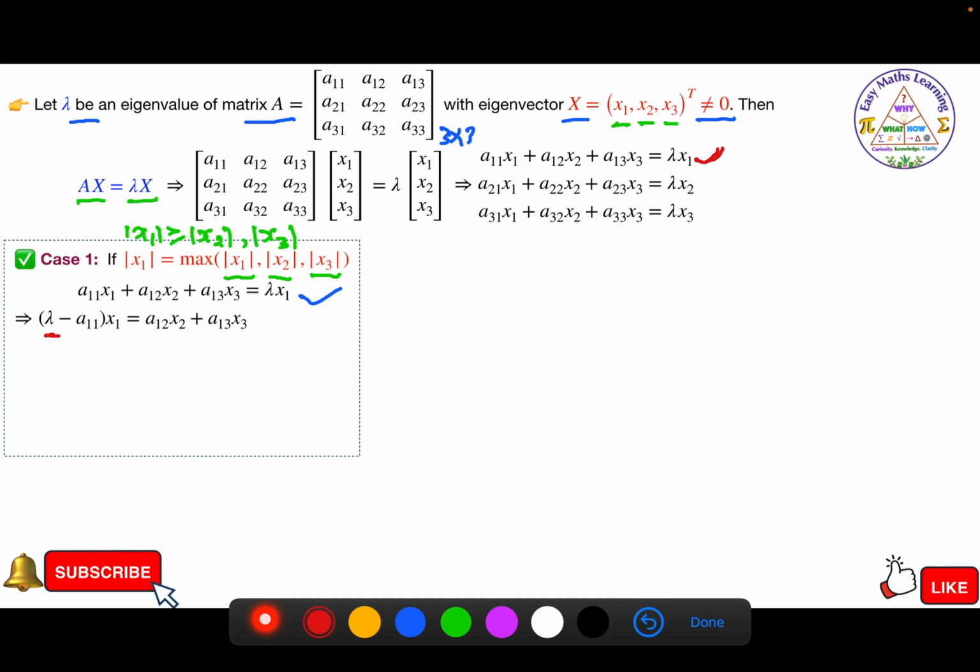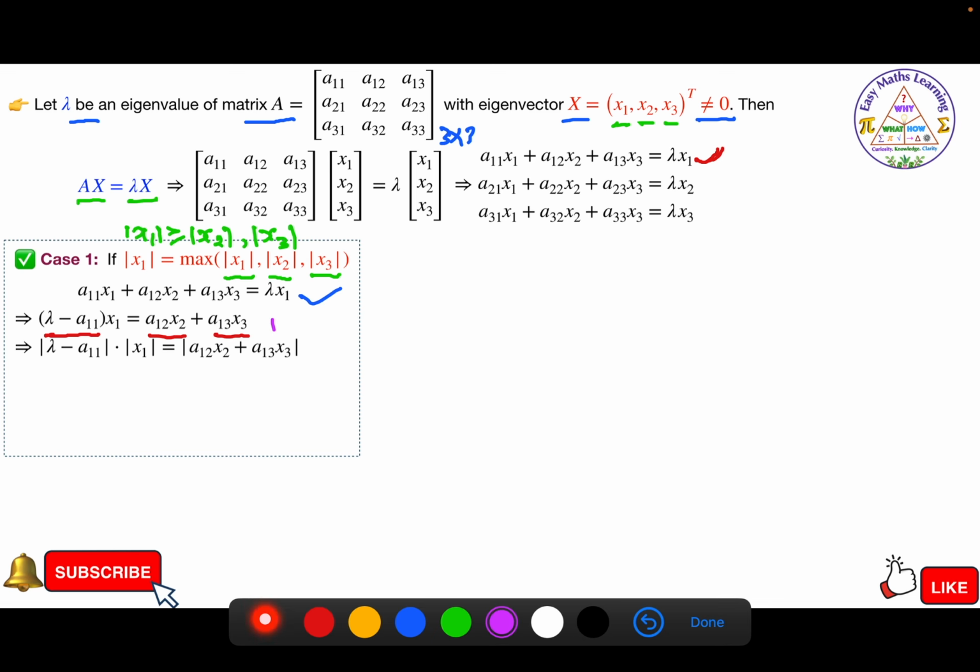So we can write lambda minus a11 times x1 equals a12 x2 plus a13 x3. Now taking modulus of both sides, modulus of lambda minus a11 into modulus of x1 equals modulus of a12 x2 plus a13 x3. Now here we apply the triangle inequality.